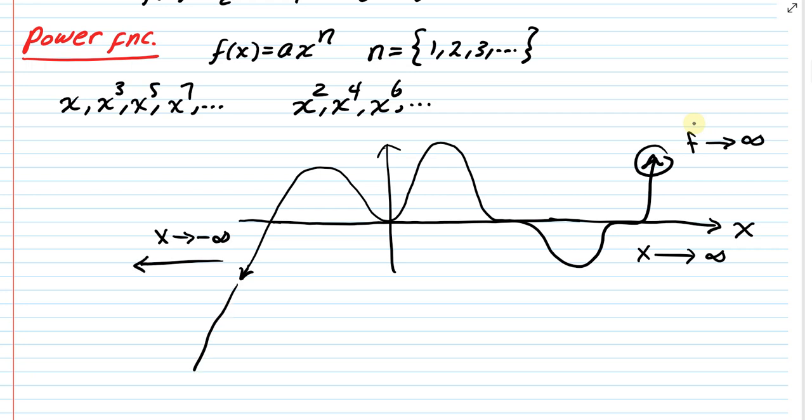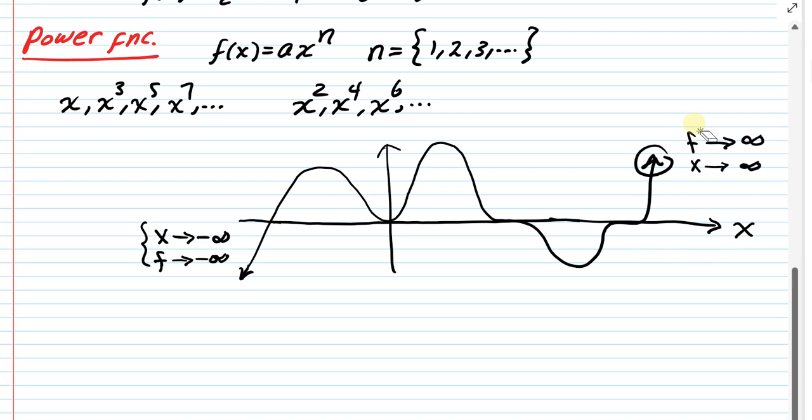The function is approaching negative infinity. And that is what we call the end or extreme behavior of the function. Let me line these up a little better. Okay, so that for now is good enough.